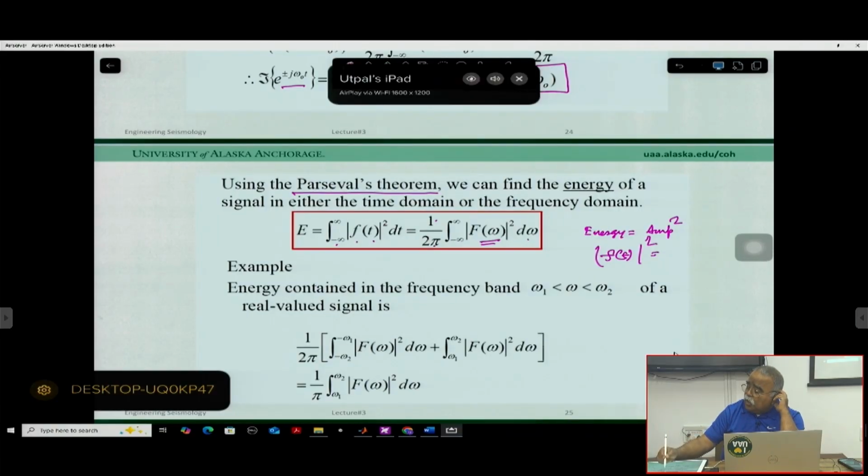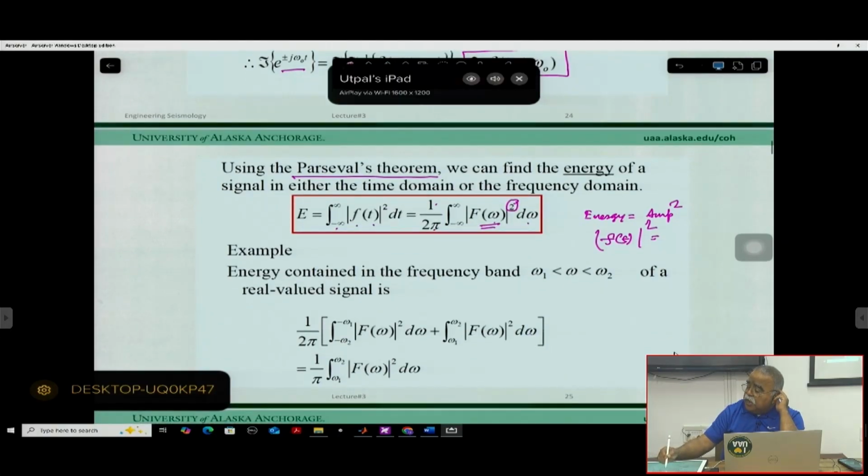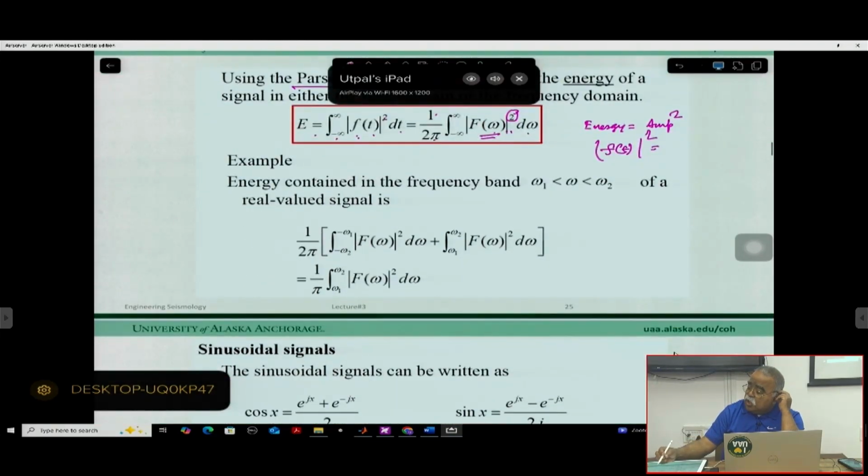So the amplitude spectrum also gives the power part, |F(ω)| squared.